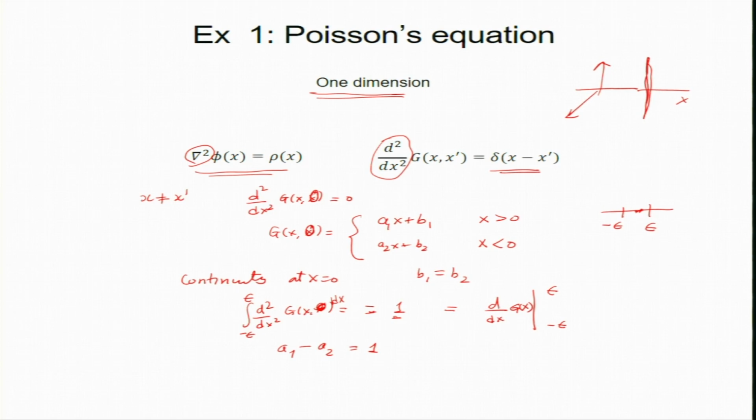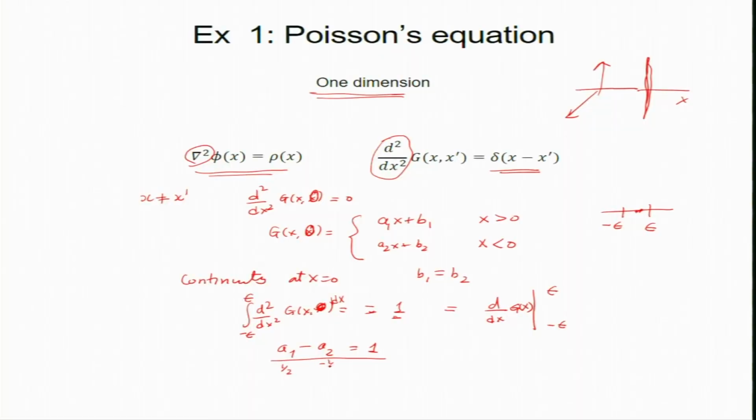Now, of course, we have only one equation, in fact this is the constraint, and we have 4 constants, well in fact 3 constants. So, I have the choice. Ideally, I should give the boundary condition. If you give the boundary condition on the left and the right, then I can uniquely determine a1, a2 and b1. b2 I do not need, because b2 is the same as b1, but right now I am not specifying the boundary condition, so I can choose my way.